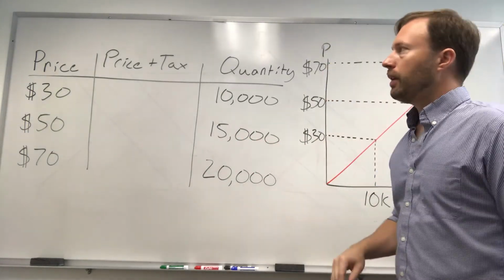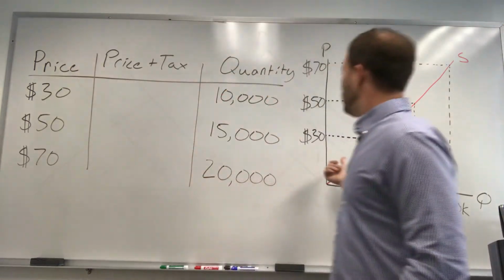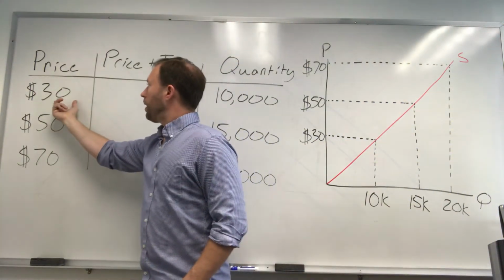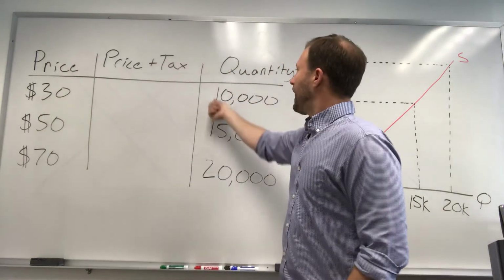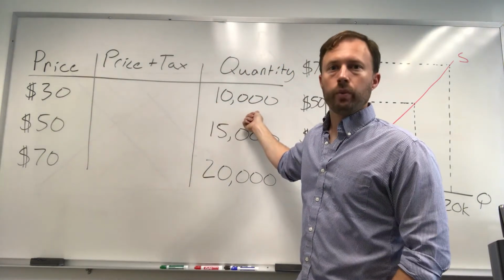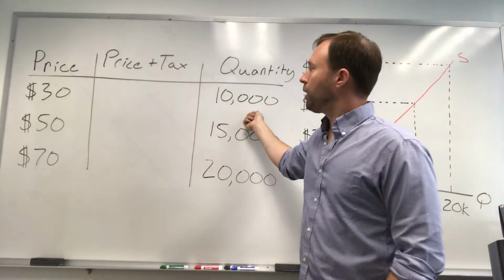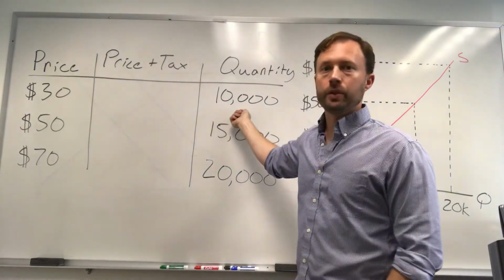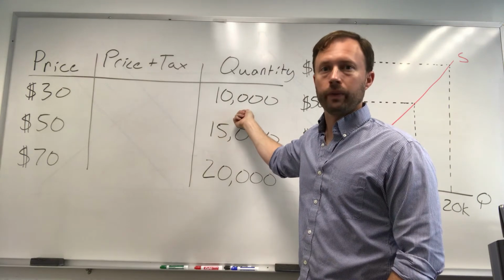So remember, this supply curve is telling us at a particular price, what is the last unit that sellers would be willing to sell at that price, okay? And presumably, they'd be willing to sell all the other units up to that point as well, okay?